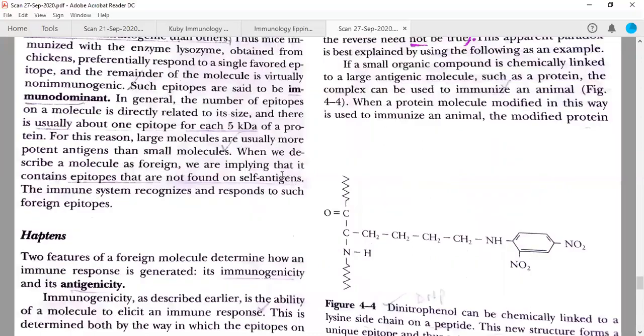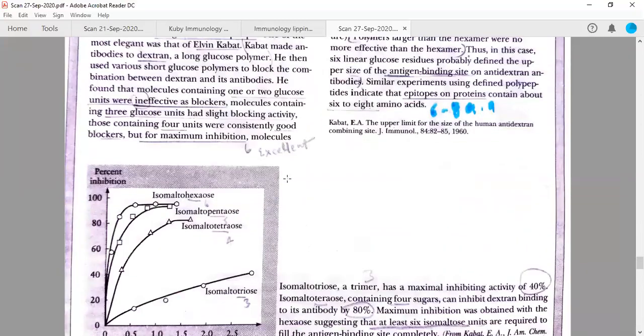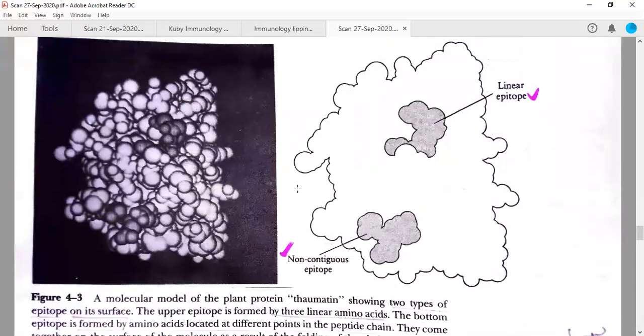Any foreign molecule can be an antigen, but for an immunogen, it is not necessary that all antigens are immunogens. But all immunogens are antigens. So you need to remember this: all immunogens are antigens, but all antigens need not be immunogens, right? So you need to remember this.